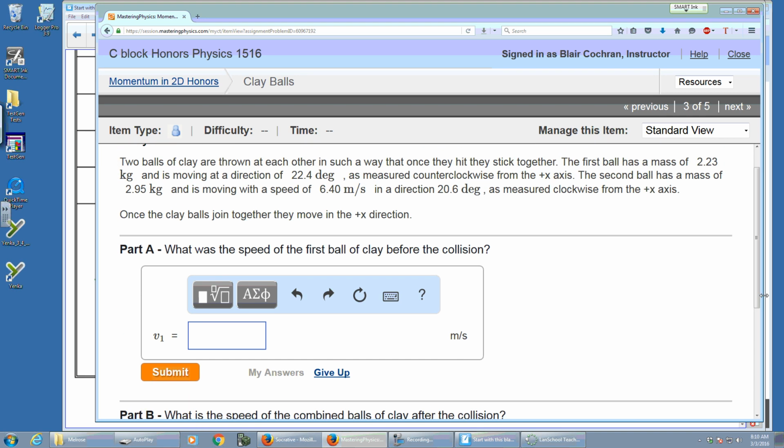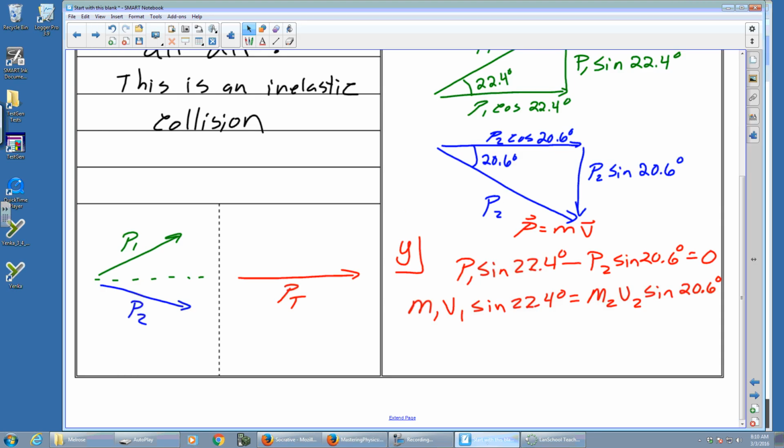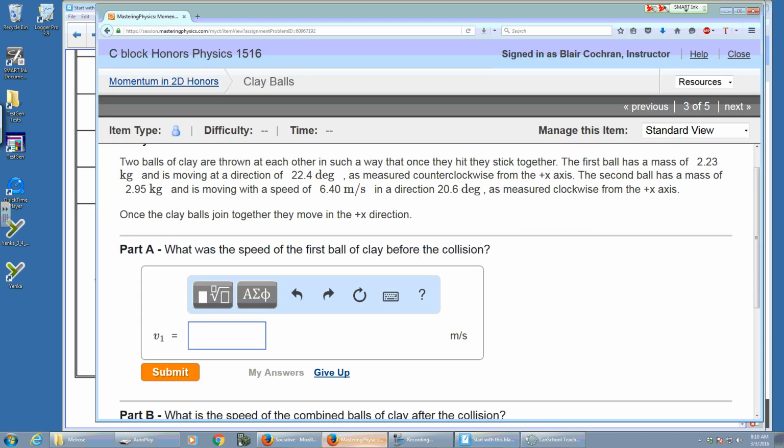So let's do the before and then we'll do the after. So my M1 is 2.23 kilograms. Now I can substitute in V1 sine 22.4 degrees equals, let's see if I know M2. I do, 2.95 kilograms and 6.4.